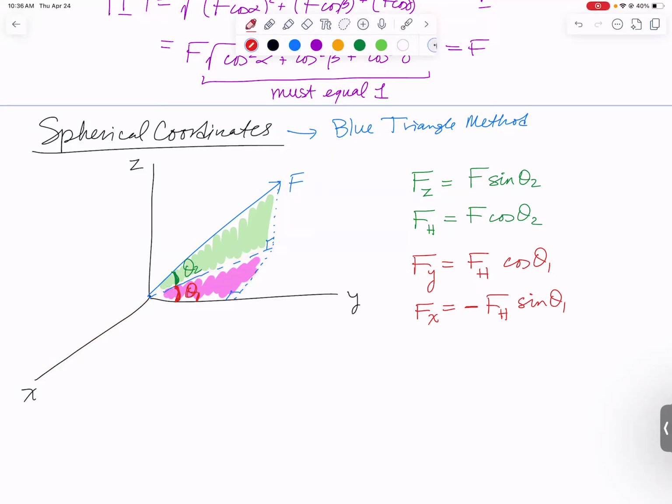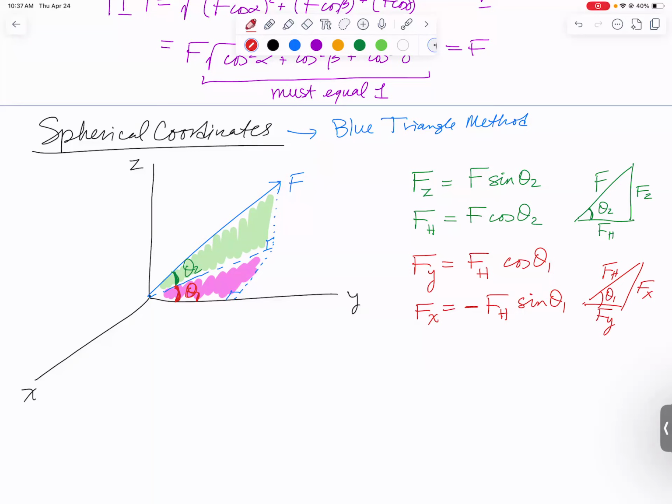If this is helpful, feel free to draw two-dimensional triangles. What I've got is f, this side would be f horizontal, this side would be fz, and here is theta 2 in my picture. And for the pink triangle, the hypotenuse is fh, this side is fy, this side is fx, and there is what I called theta 1 in my picture.